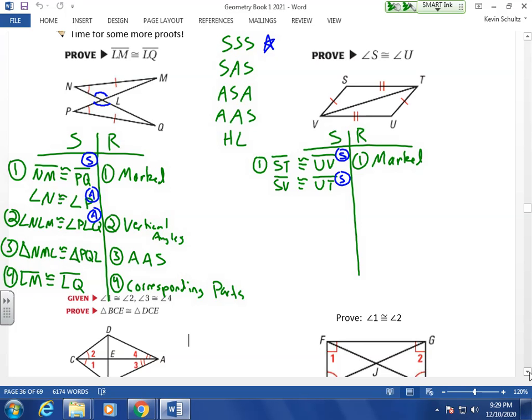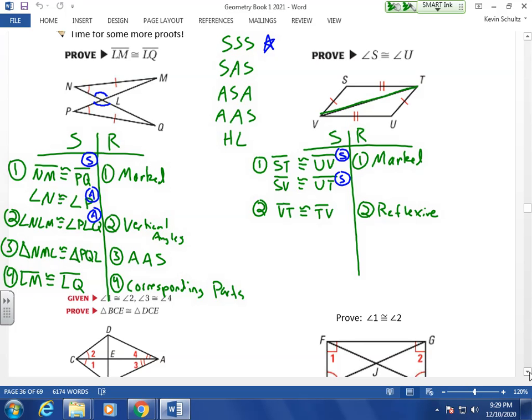I'm talking about the third side here, VT and TV, which, again, kind of run through your common ones. Reflexive, vertical, parallel, it's reflexive, right? VT is congruent to TV because of the reflexive property. Okay. And if you're wondering why I didn't put VT as congruent to VT, remember we have to line up those corresponding parts.